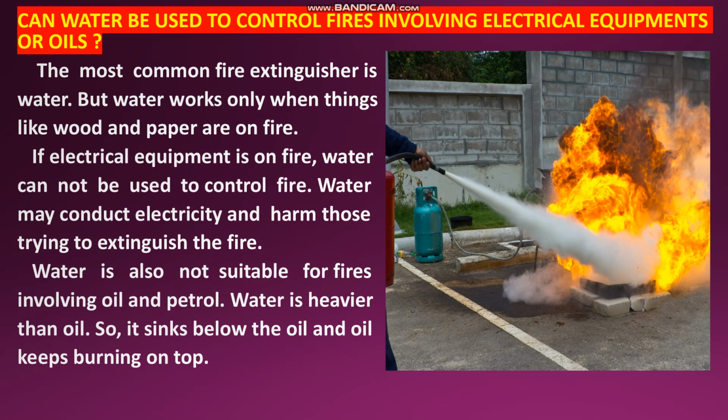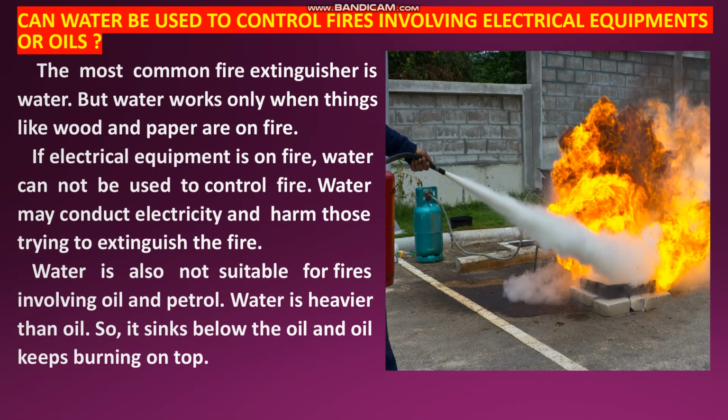Next, why can't we use water to control a fire involving petrol or oil? Oil has less density than water. So the oil floats on water, or we can say water has more density than oil, or it is heavier than the oil. So what happens when we pour water on oil which caught fire?